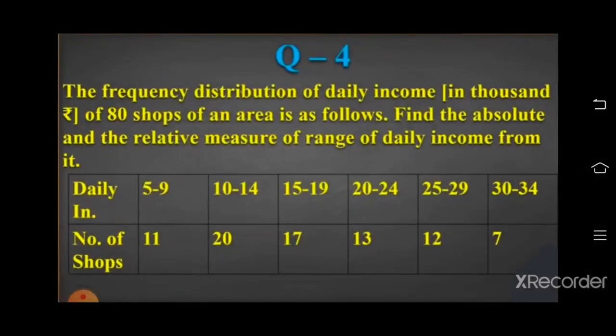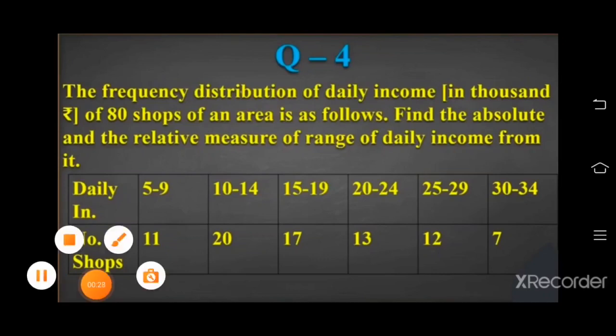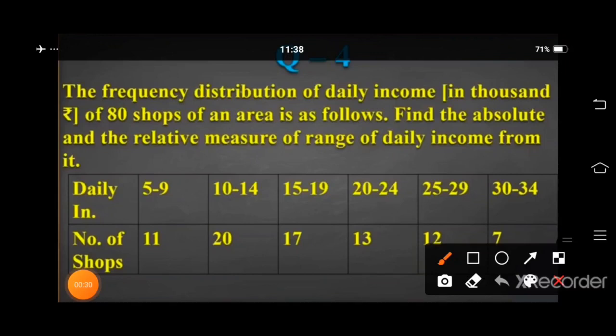Sum number 4. The frequency distribution of daily income in thousands of 80 shops of an area is as follows. Find the absolute and the relative measure of range of daily income from it. Daily income in 1000 rupees: 5 to 9,000, 10 to 14,000, 15 to 19.